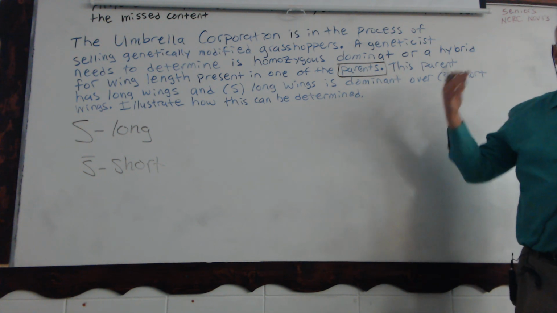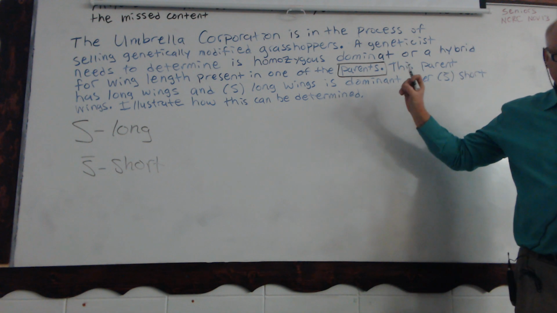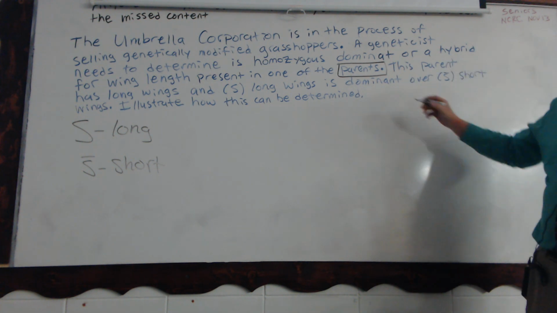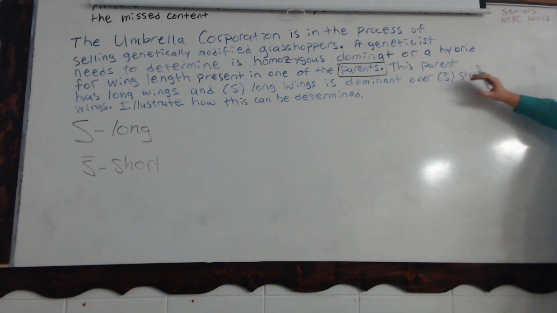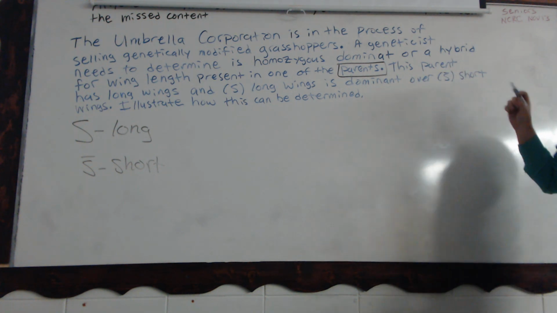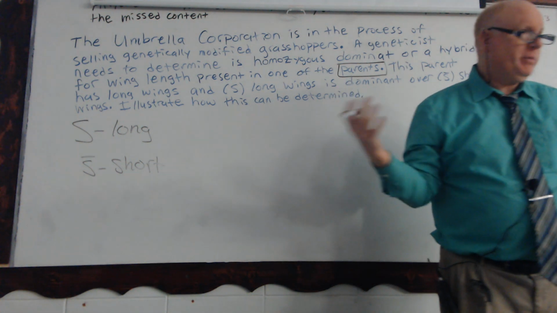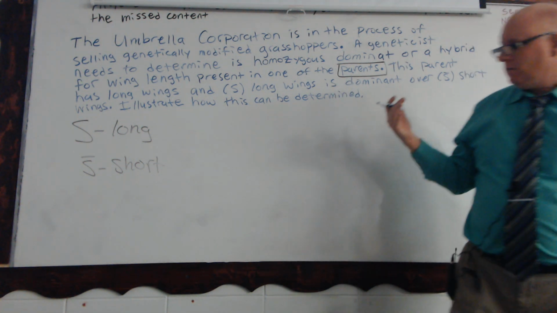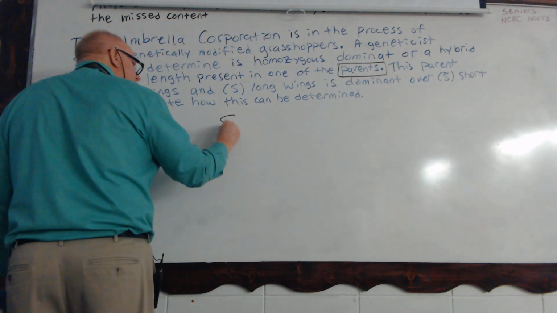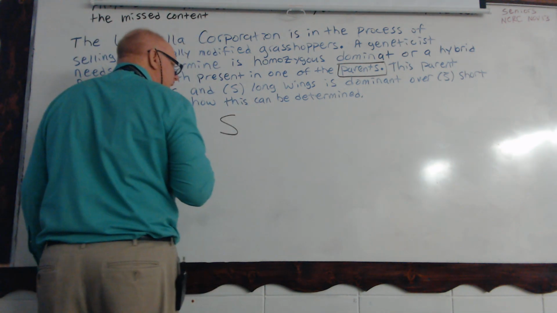No. Does this say anything about incomplete dominance? No, it does not. So we would have to presume that if that capital S is present, those wings are going to be long. So we know for sure that allele is in there.